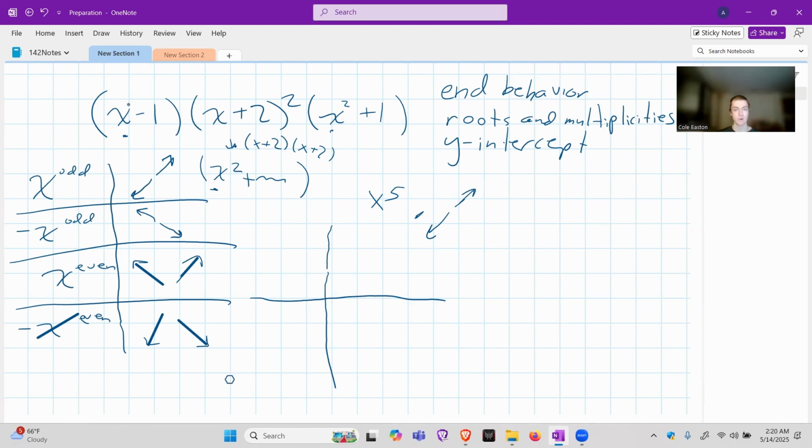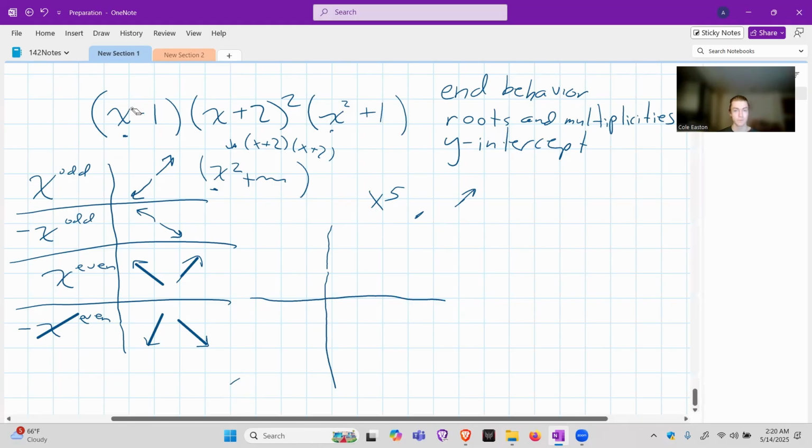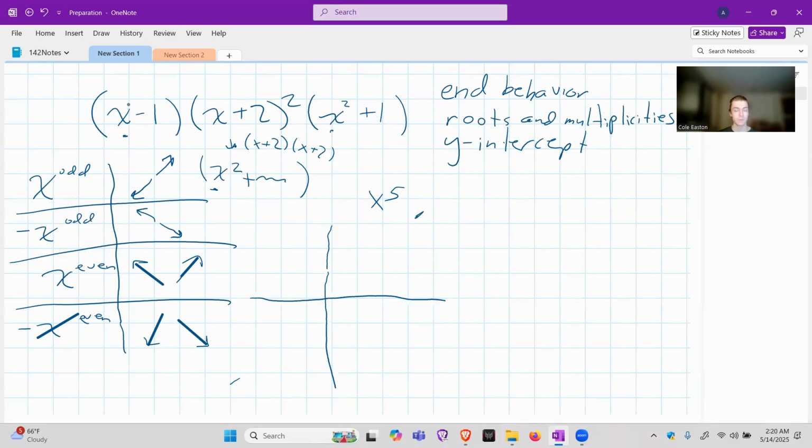As I go over here, I'm getting up high. Oh, it made a hexagon. Let's erase that. Okay, so that's the end behavior, which I just denote by these marks. Off to the right, it's up. Off to the left, it's down.